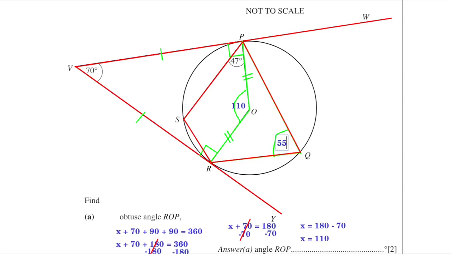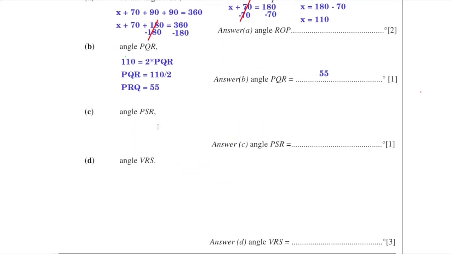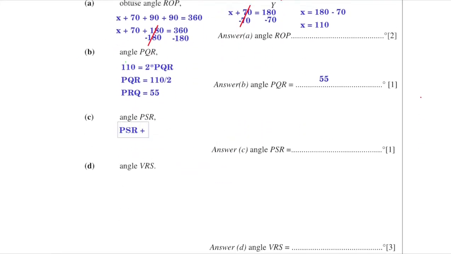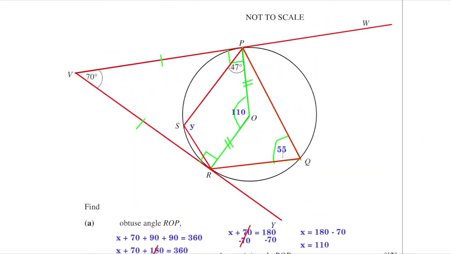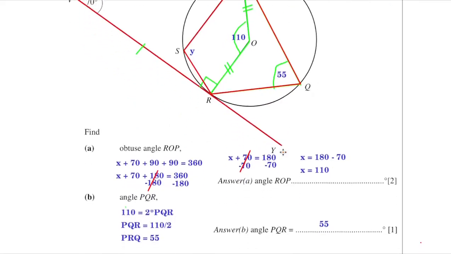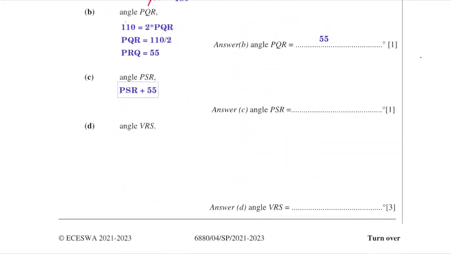We've learned that opposite angles of a cyclic quadrilateral are supplementary, which means PSR plus its opposite, the 55 degrees we've just calculated, should be 180. They add up to 180 degrees.